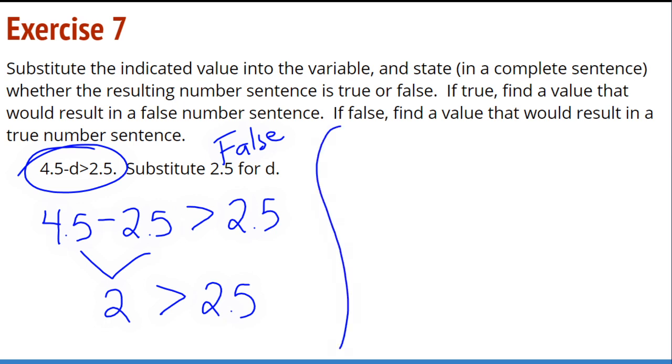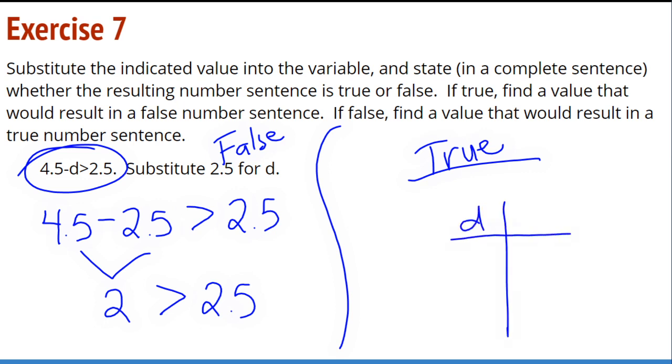So I need to have a situation where it is true. So I'll have D and 4 5/10 minus D. And I want that to be greater than 2 5/10. Well, I subtracted 2 5/10 to start with, and I was left with 2.